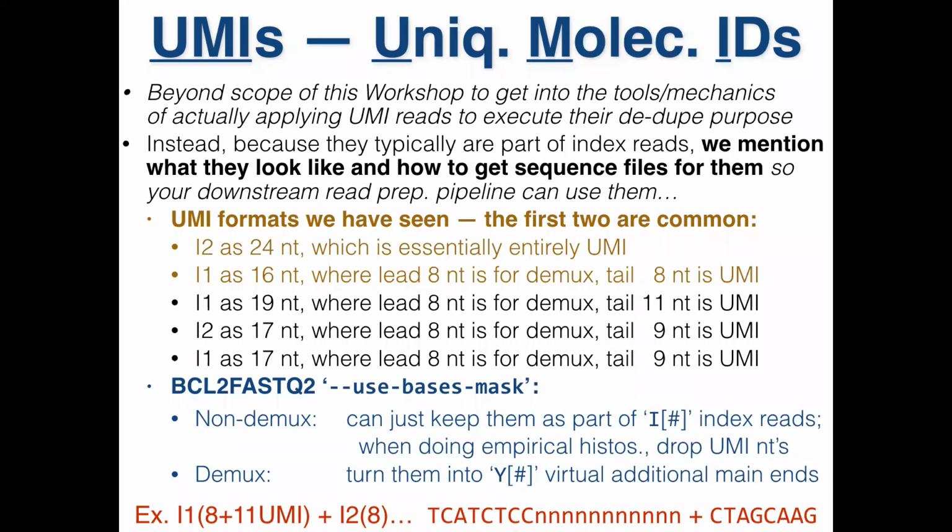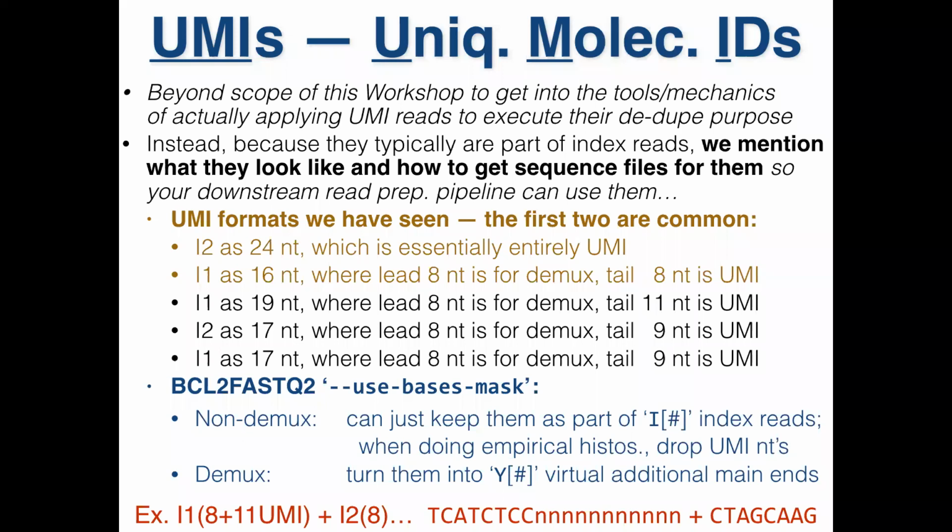Next stage. So typical UMI would be written down something like this. This is actually one of the standard index pairs. This is an I1 and this is an I2, an 8 plus 8. When people say UMIs, they often write it kind of like this.